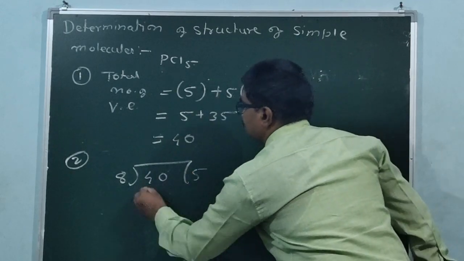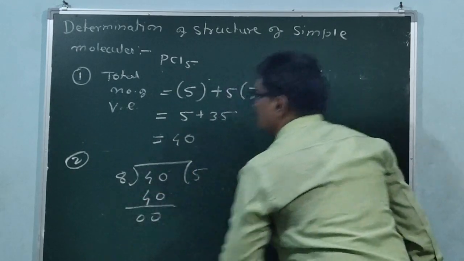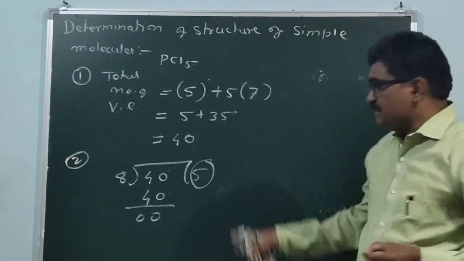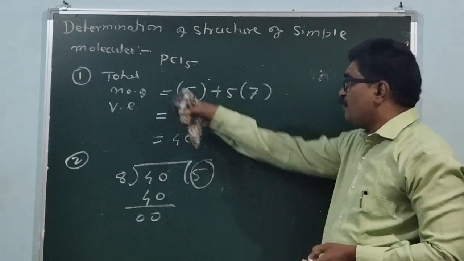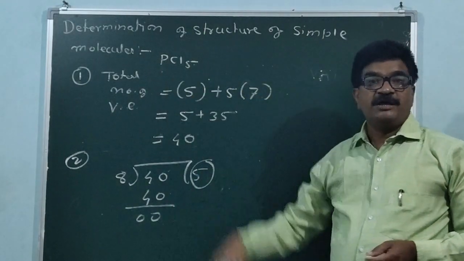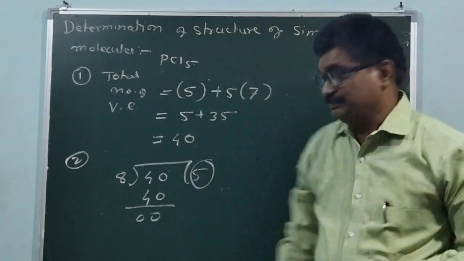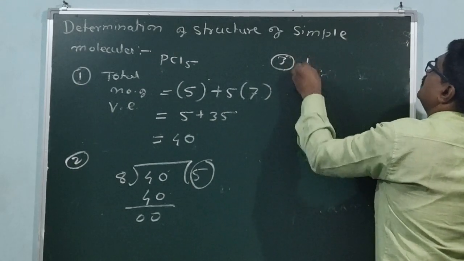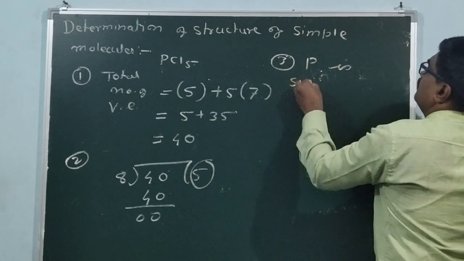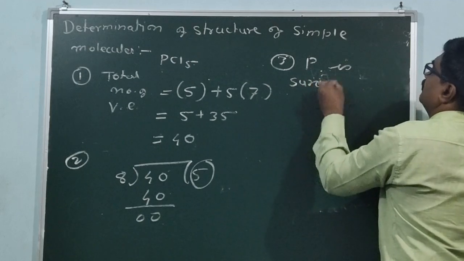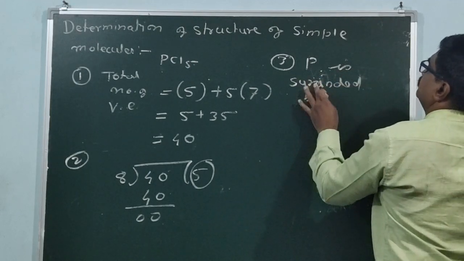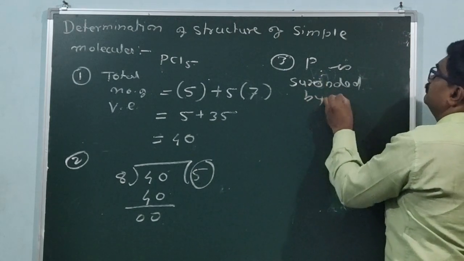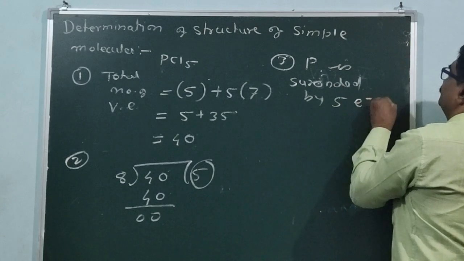The quotient is 5. This indicates that the phosphorus atom, P, is surrounded by 5 electron pairs.